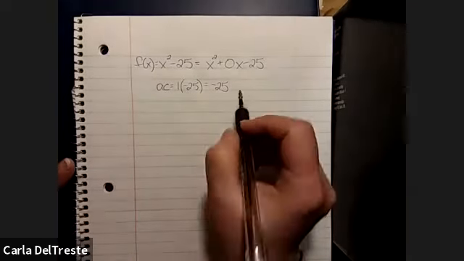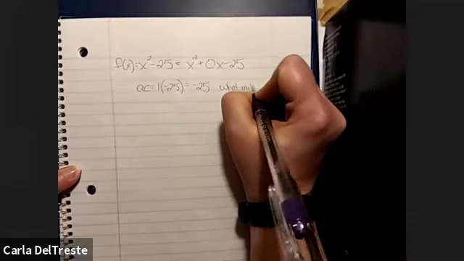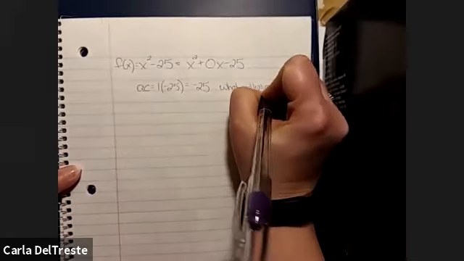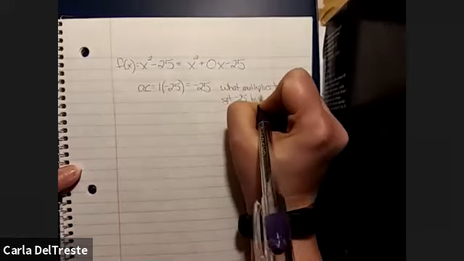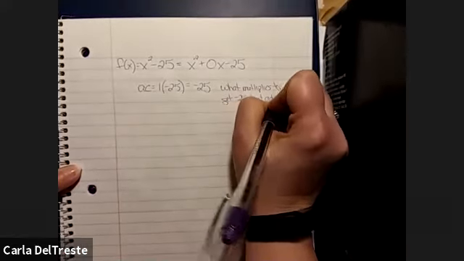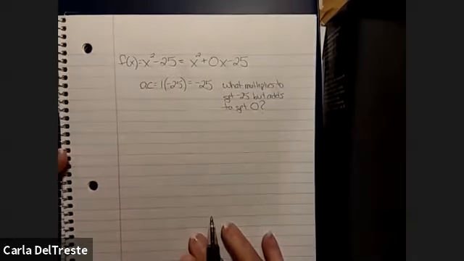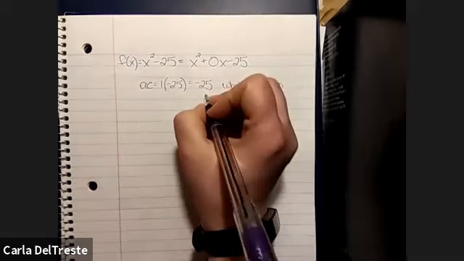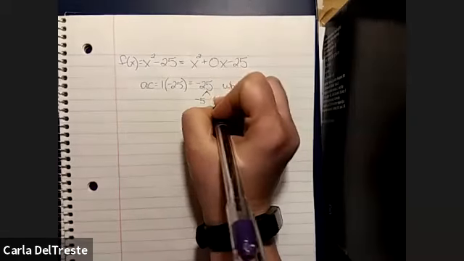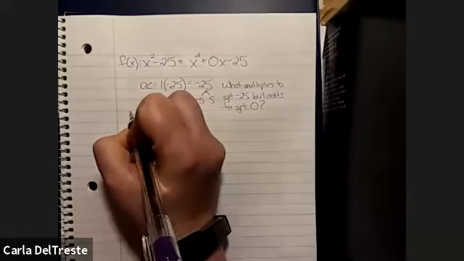And my question is, what multiplies to get negative 25 but adds to get 0? So it has to cancel out. What multiplies to give us negative 25 but cancels out? The only combination that does that is negative 5 times 5. So I go to make my t-chart.